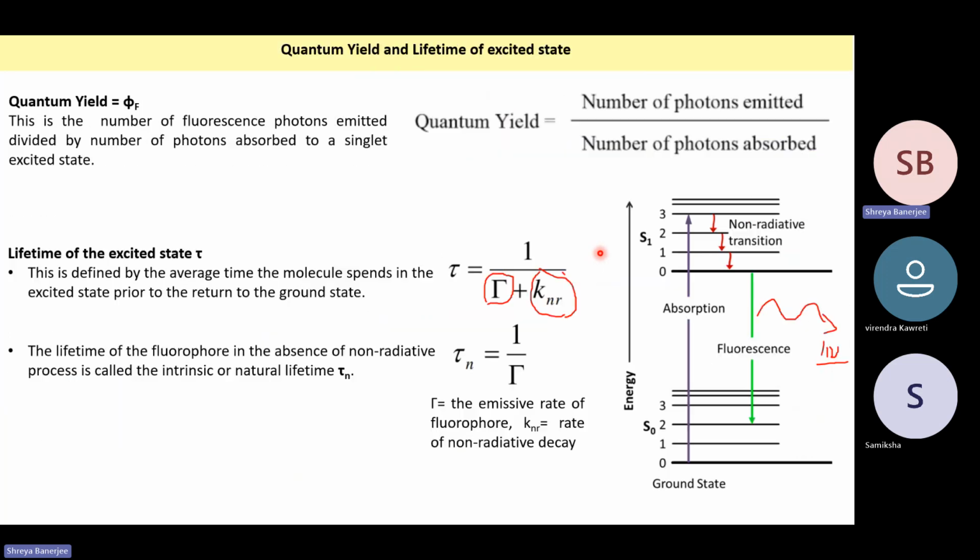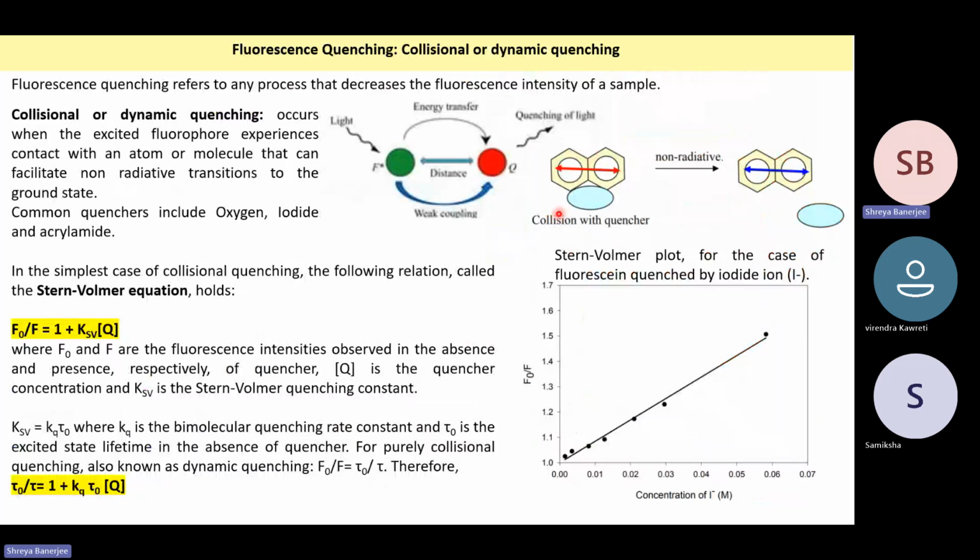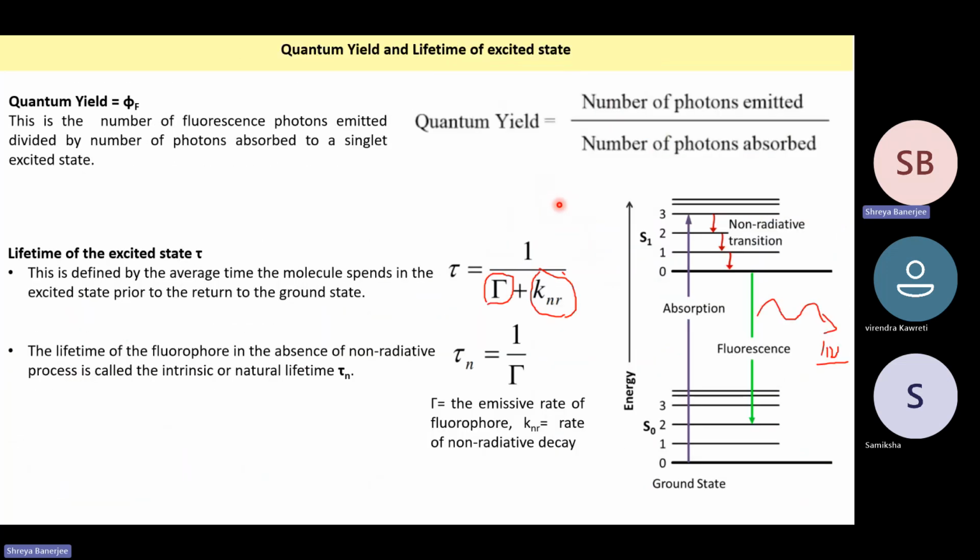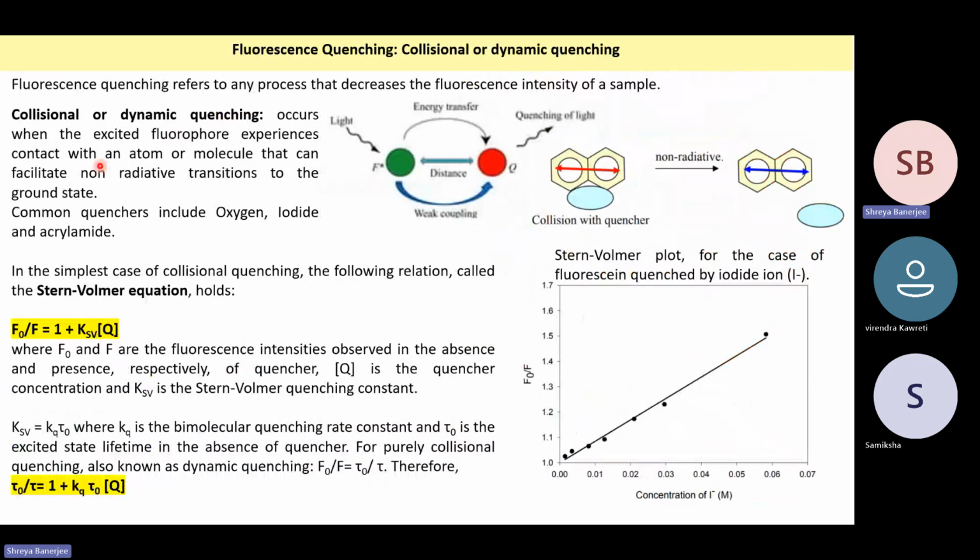Suppose 50% of this energy is being transferred to the colliding molecule, which is called the quencher. Then the intensity of the fluorescence will decrease. This phenomenon is called collisional or dynamic quenching, where the intensity of fluorescence decreases because of collision with some other molecule called a quencher, to which some energy is transferred.